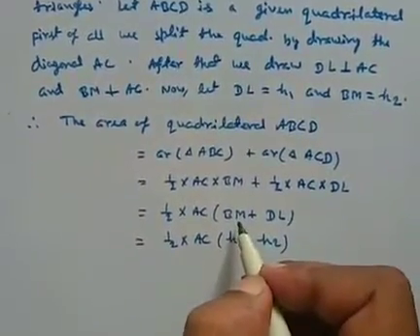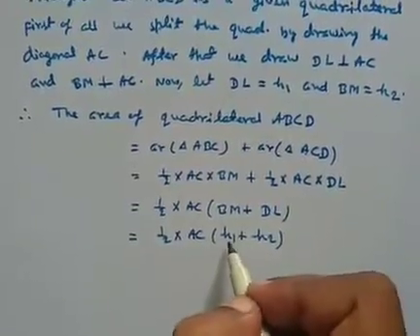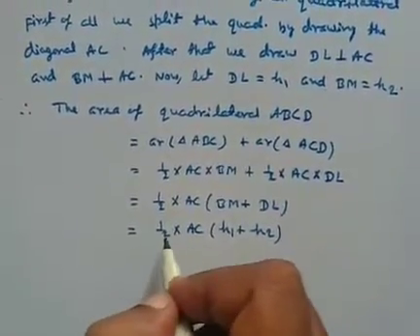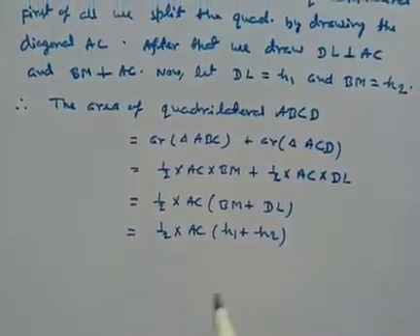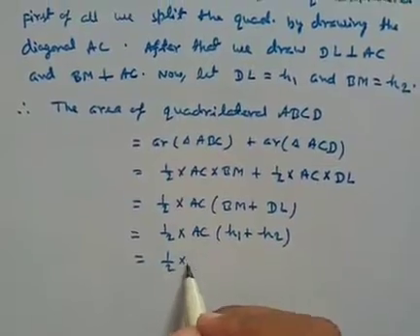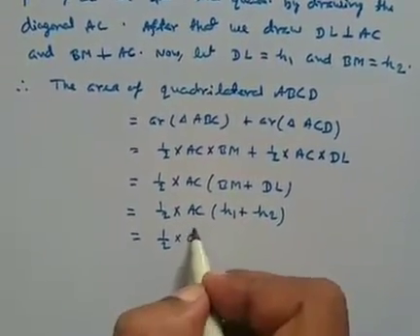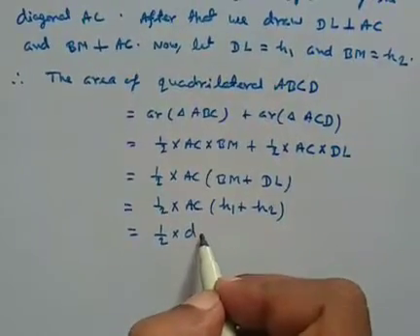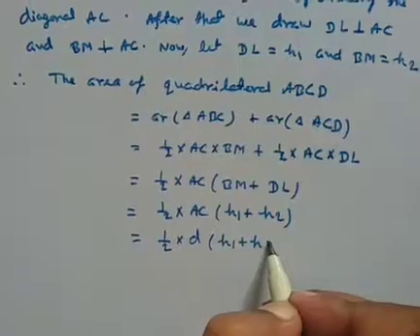BM equal to H2 and DL is equal to H1, so it becomes half into AC into (H1 plus H2). AC is the diagonal, so diagonal denoted by D, so half into D into (H1 plus H2).